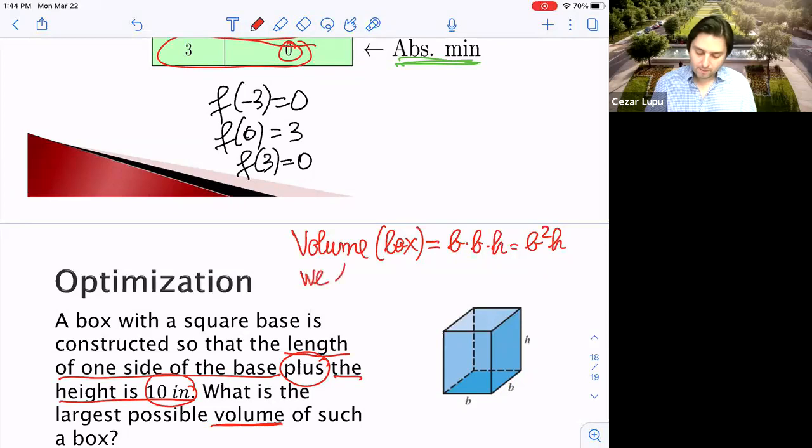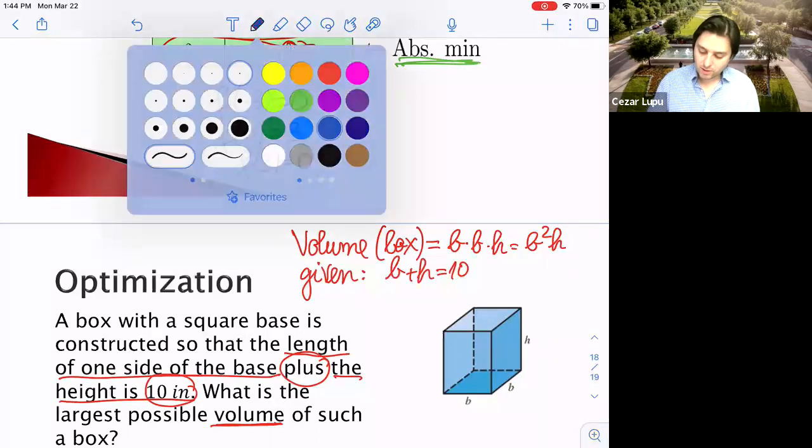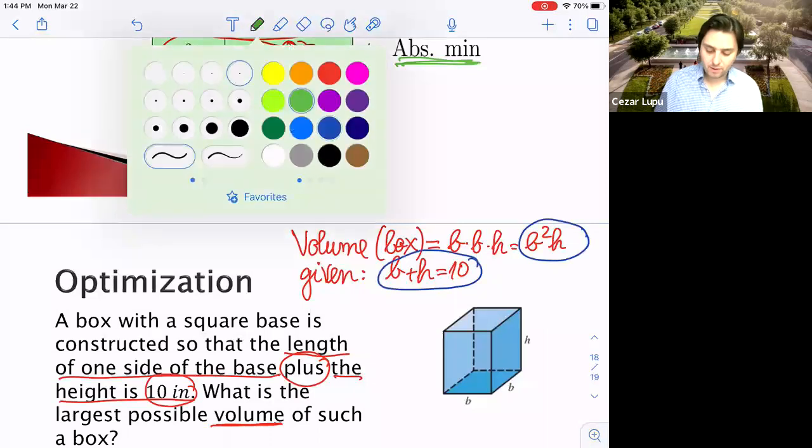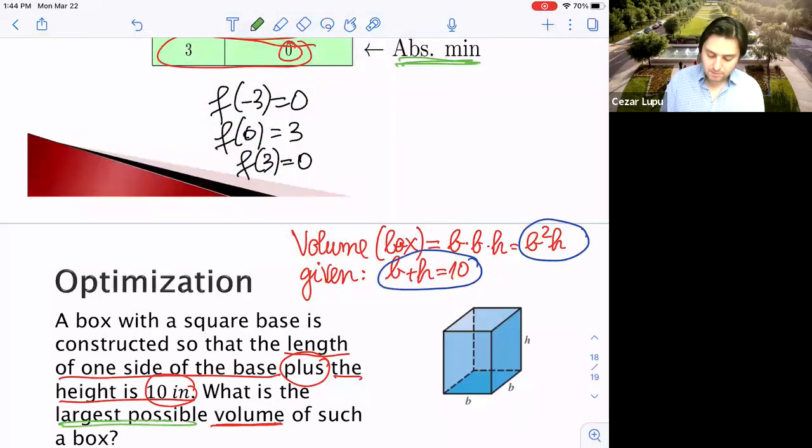So we know, or let's say it's given, that B plus H is 10. Okay. So I have this equation here. But also I have to find the largest possible volume, and pay attention here. This is the largest. So I need to maximize that function.